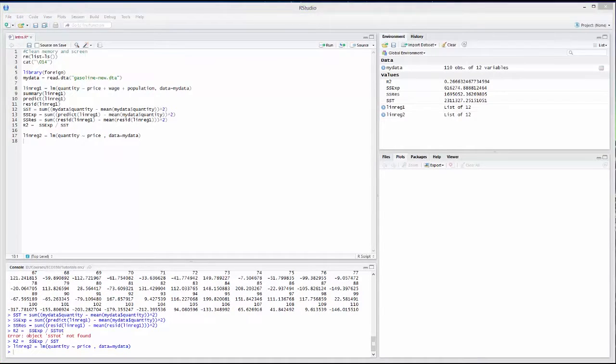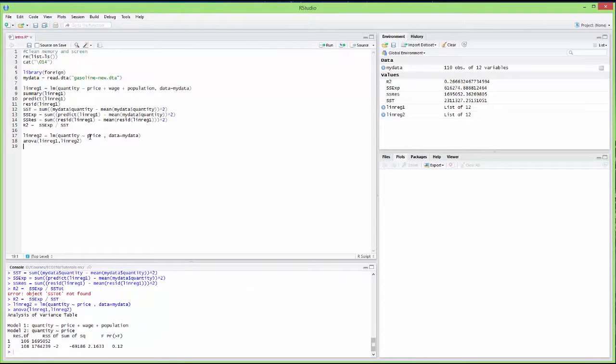And then I'm going to compare how well these models do. The command is anova, then the output of the first regression, the output of the second regression. I see here the two models: quantity on price, wage, and population, and model 2 is quantity just on price.